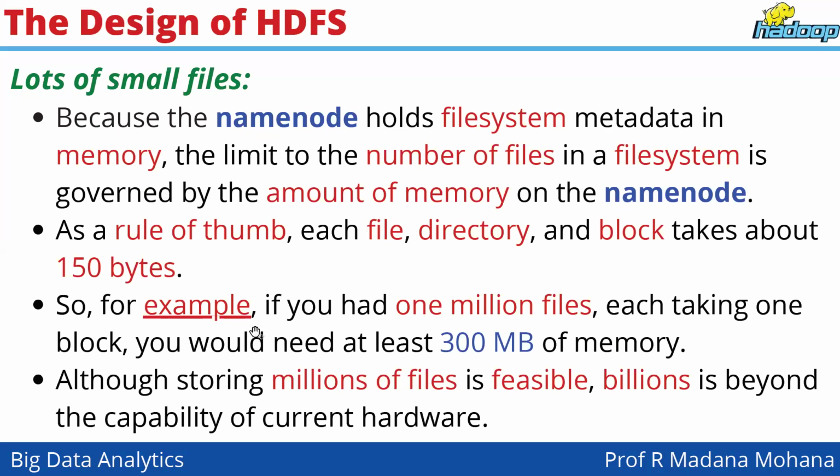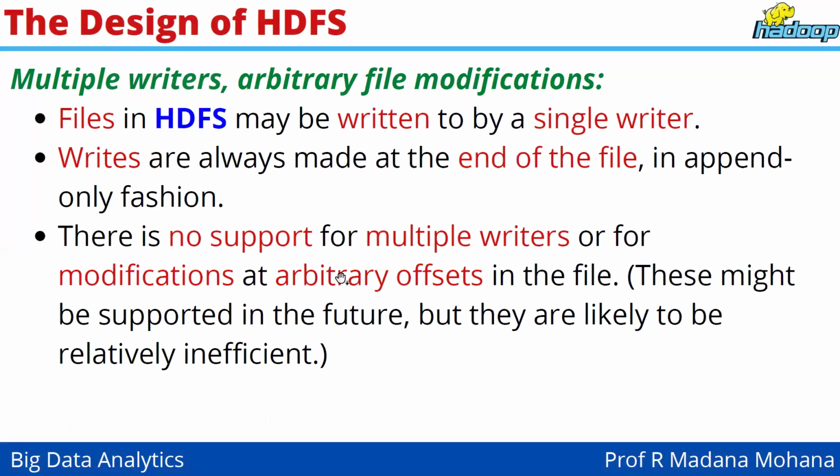For example, if we had 1 million files, each taking one block, we would need at least 300 MB of memory. Although storing millions of files is feasible, billions is beyond the capability of current hardware. These are the problems with lots of small files while dealing with HDFS.